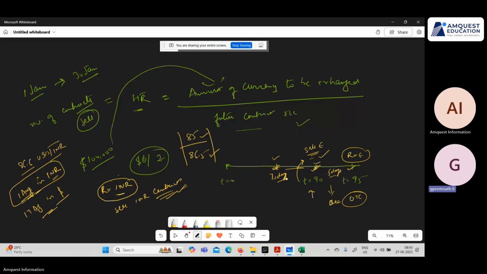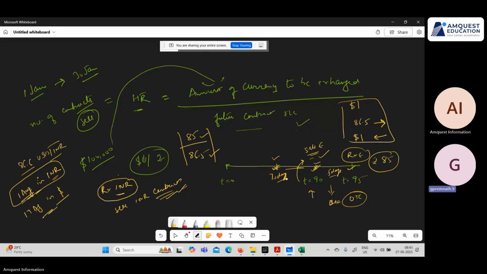Correct. So to convert, let's say $1, you said that I'll give you 86.5 and you give me $1. Is that correct? Yeah. But on 1st of August, you actually received only 85 rupees.